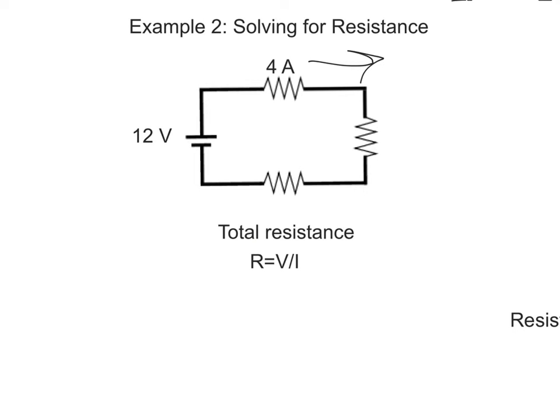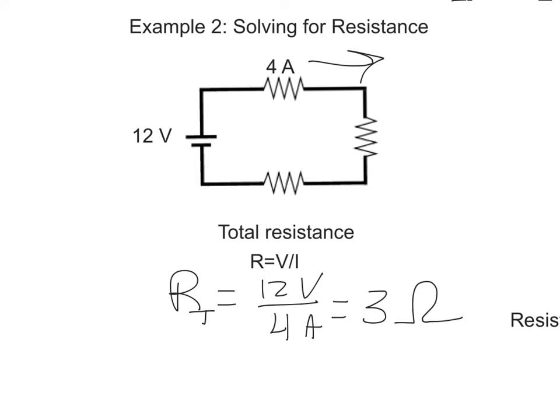Okay, so substituting in, we get R is equal to 12 volts divided by our current, which is 4 amps. So our total resistance is equal to 3 ohms. Notice what I did here is I actually said that that is equal to my total resistance.